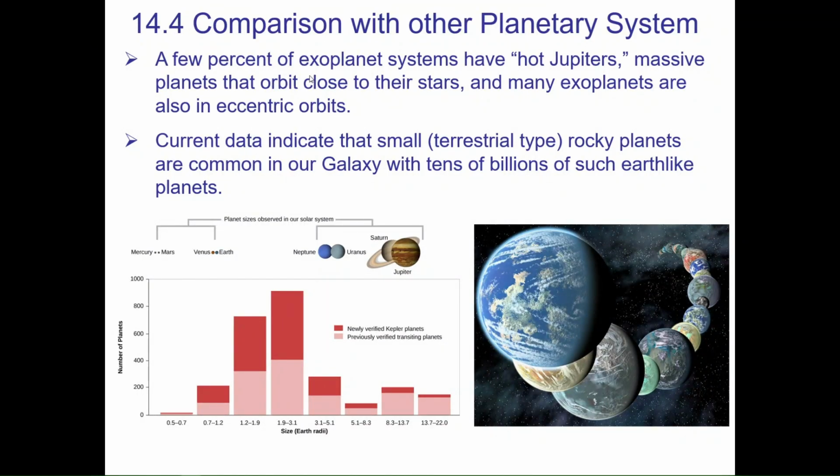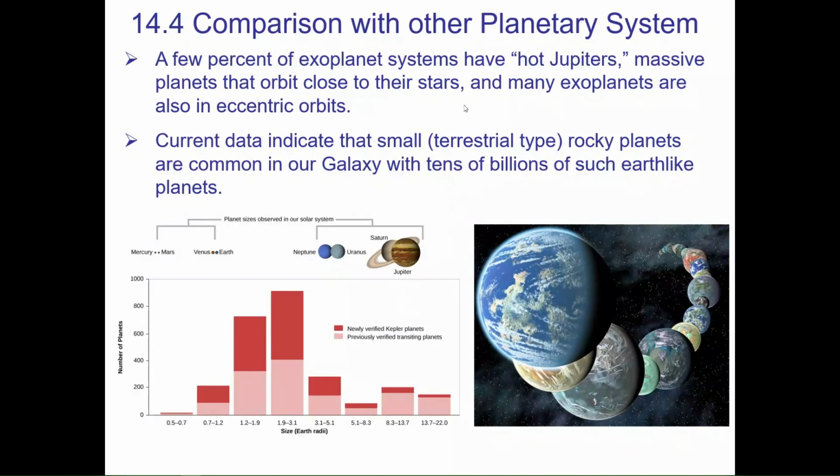For example, a few percent of exoplanet systems have a hot Jupiter. That means a Jupiter, instead of being located further away from the sun, is very, very close to the parent star. Because we believe that at that location it has a higher temperature, that's why we call it a hot Jupiter: massive planets orbiting close to their star.